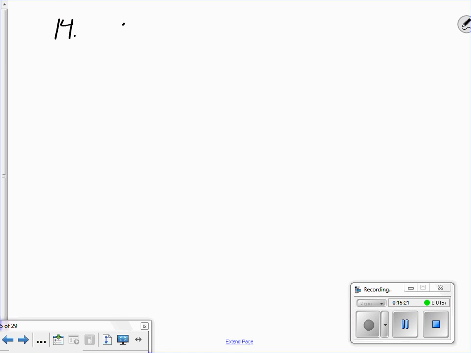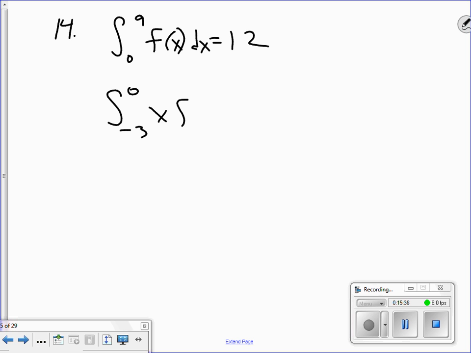It says if the definite integral from 0 to 9 of f of x dx equals 12, they want us to find the integral from negative 3 to 0 of x f of x squared dx. Whoa.